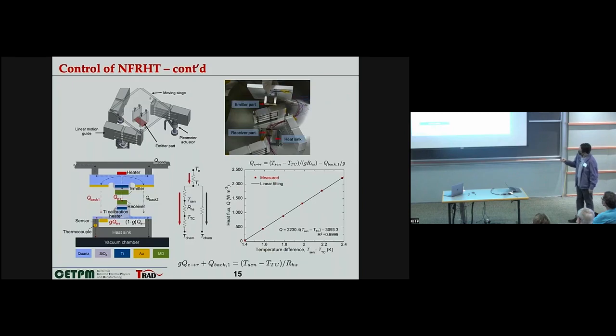Whatever heat is generated here will pass through two paths. Even though we tried our best to make these symmetric conditions, the separation of the heat transfer rate should not be half and half. So we have an unknown factor G. A G portion goes to the left direction, and one over G goes to the right direction. So we can set up these measurement equations. What we're trying to do is Q versus temperature difference.